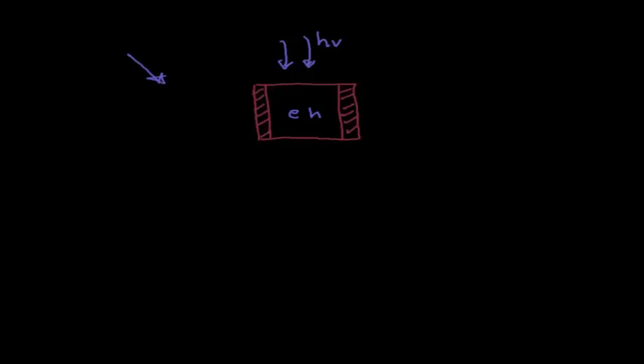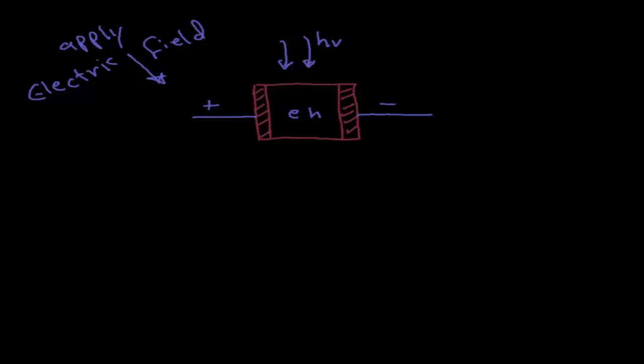If we apply an electric field, let's say this one will be positive and this one negative. What will happen to the electron hole pairs is that they will be extracted, so the electron will move to the positive terminal while the hole will move to the negative terminal.